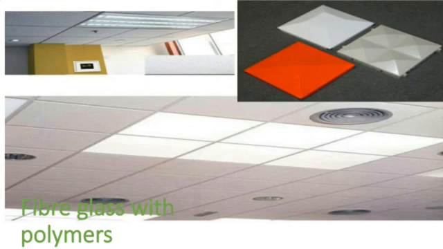Now these ceilings are transparent because fiberglass is always transparent. You can get these ceilings in the bank, in some industrial areas, and also in some houses too. The ceilings are everywhere.